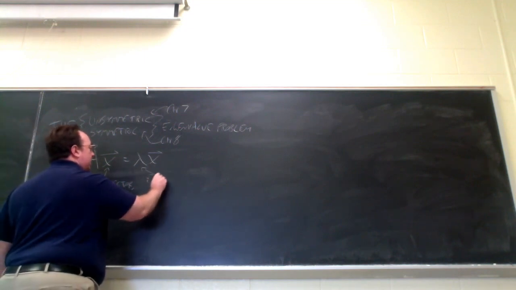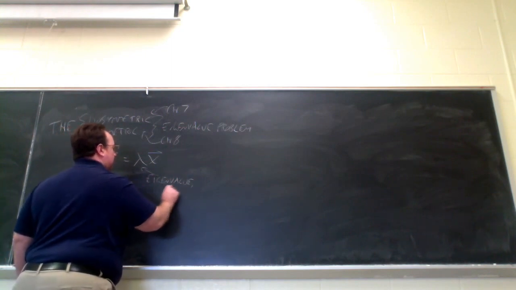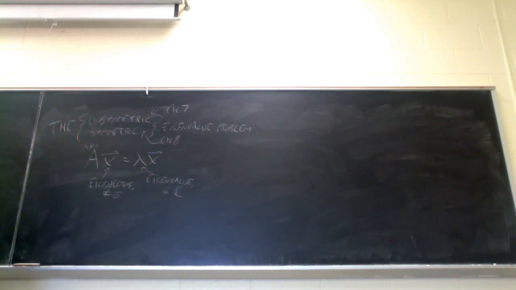Lambda is the eigenvalue, and that could be complex even if A is real. But if A is real and the eigenvalue is complex, then the eigenvector is going to be complex too.